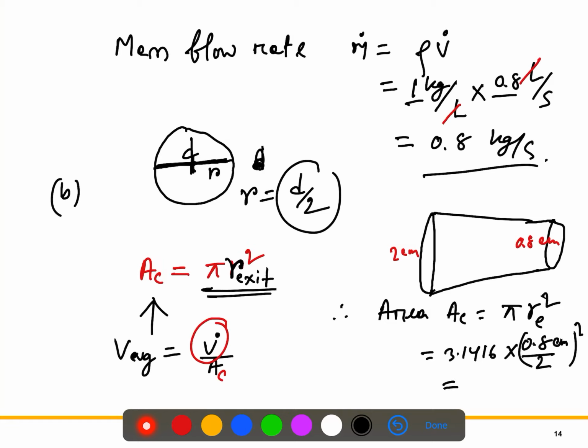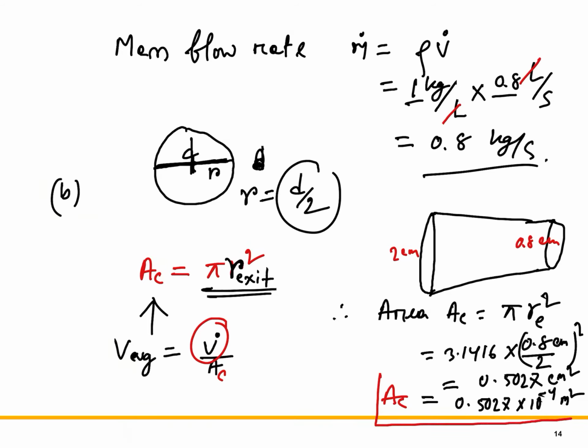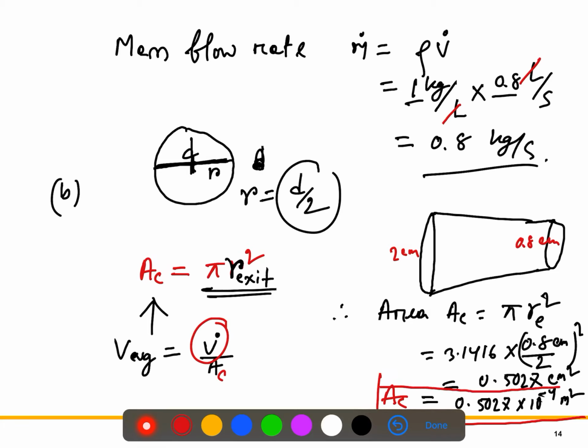So it will be 0.5027 centimeter squared. If we convert it into meter, centimeter squared means 10 to the power minus 4 meter squared. So this is the cross-sectional area.